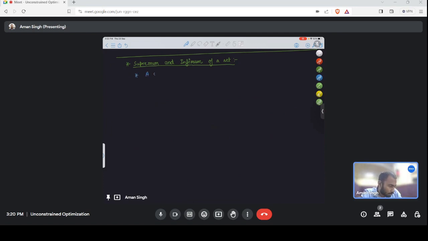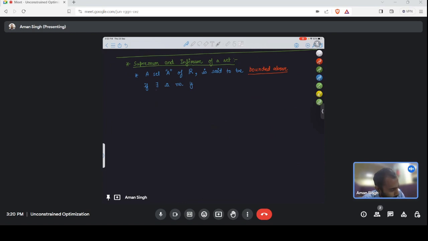So a set A of real numbers, let's say, is said to be bounded above if there exists a number y.